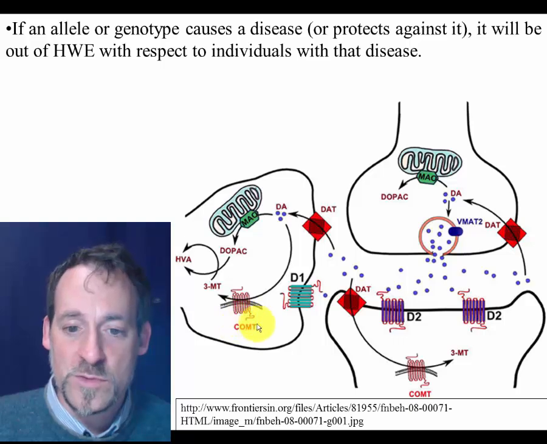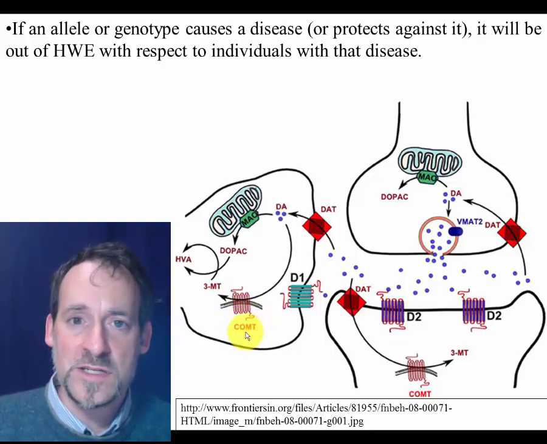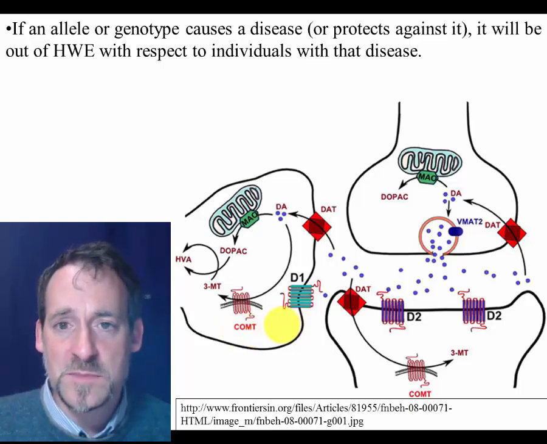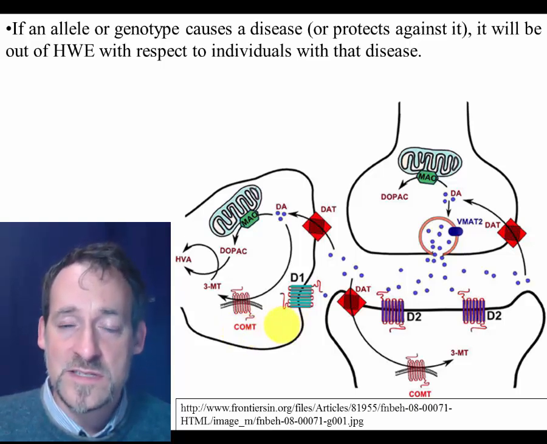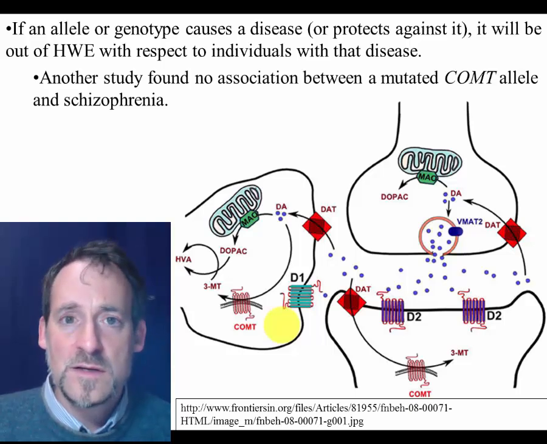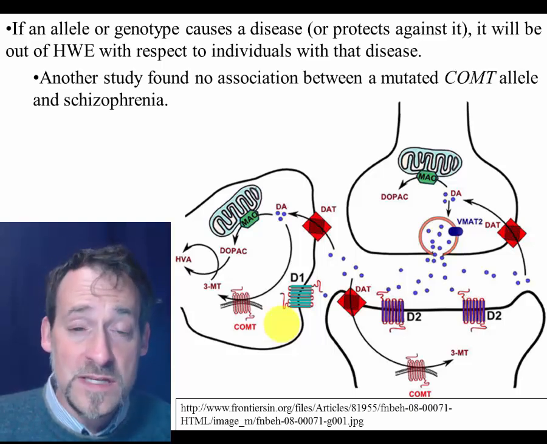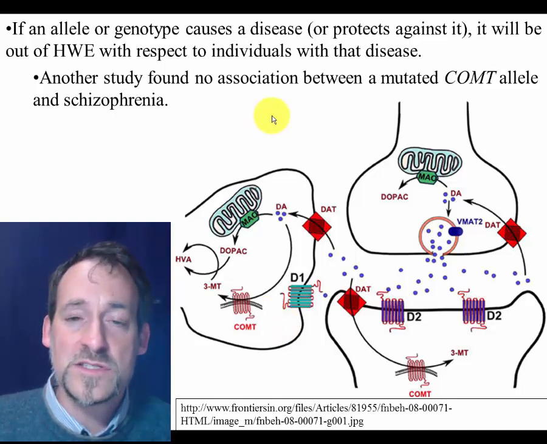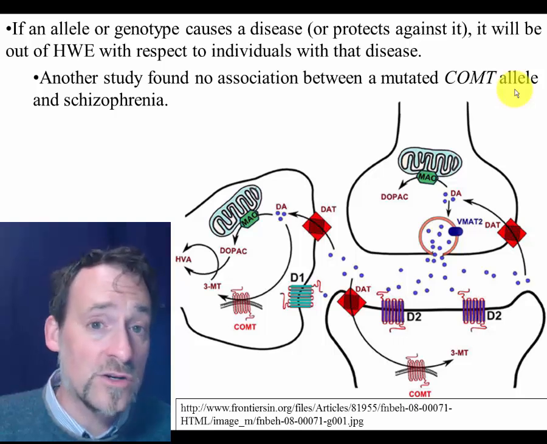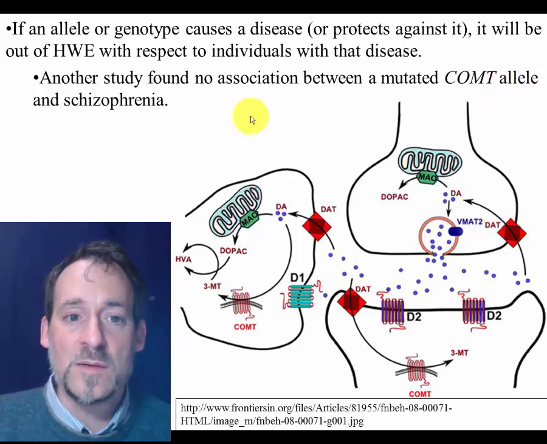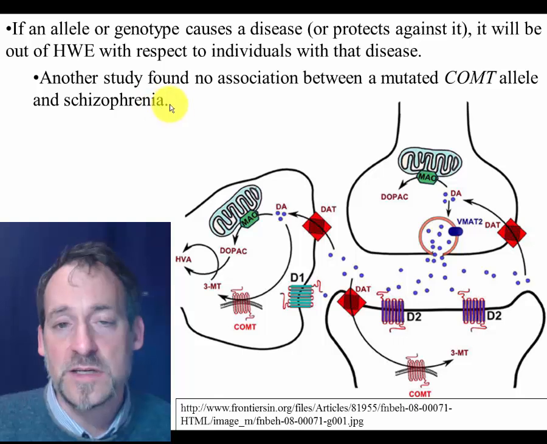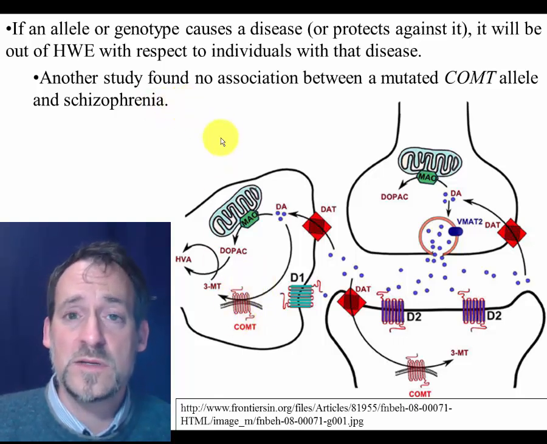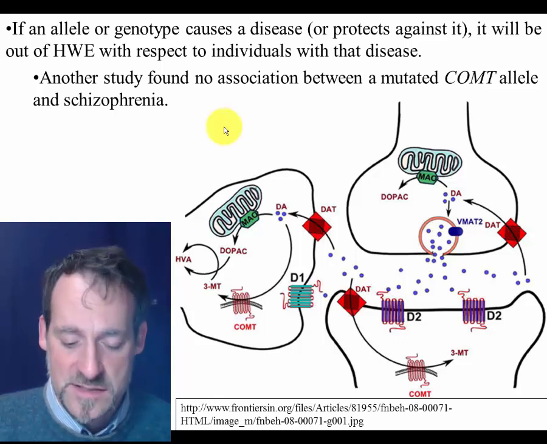There's a known mutant version of this protein, and researchers had suggested that perhaps it was responsible for that particular disease. A study that looked at many individuals genetically found that this allele was at Hardy-Weinberg equilibrium in a group of individuals that had schizophrenia. And that strongly suggests that this mutant allele is not related to that disease.